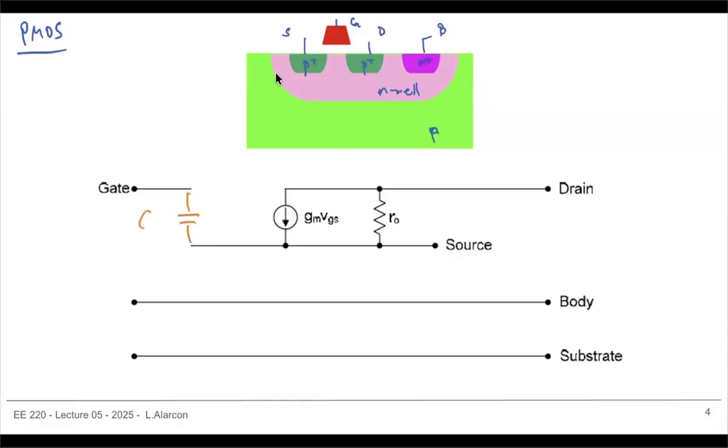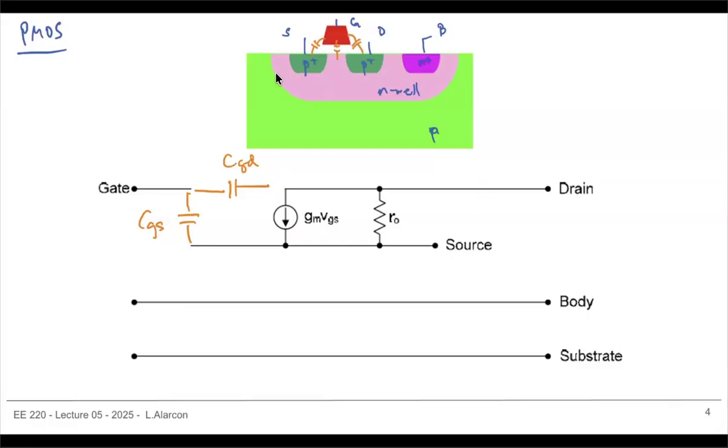You pretty much have exactly the same thing as your NMOS. You have your CGS, and we know that that's composed of your capacitance here and the overlap capacitance there. CGD will have this capacitance.